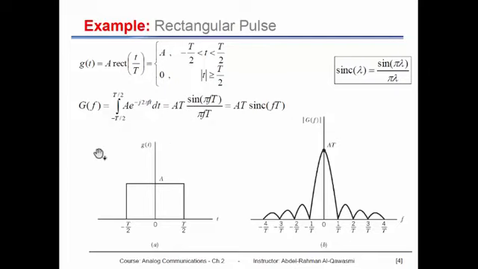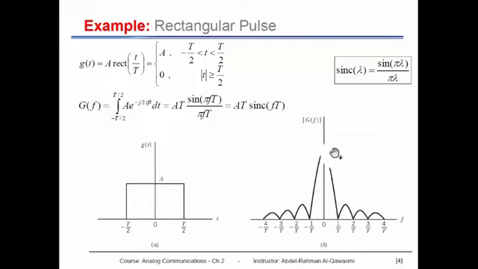Here we have our rectangular pulse, g of t in the time domain, from minus T over 2 to T over 2, and the amplitude of the pulse equals the constant A. And this is the result of the Fourier transform, g of f. Of course, we took the absolute value, so the sinc here has only positive values.